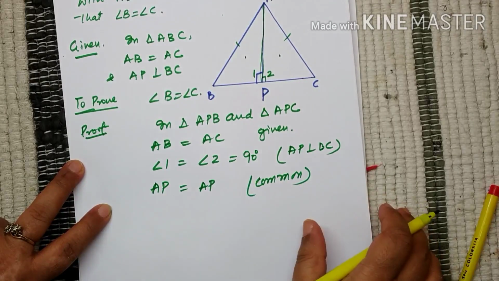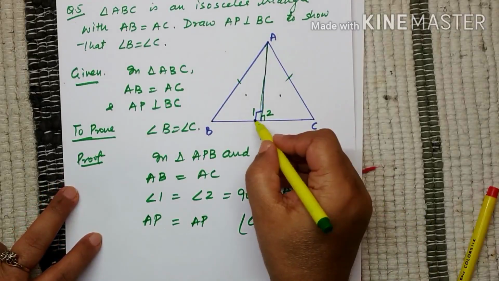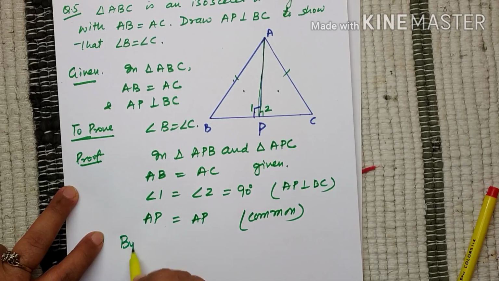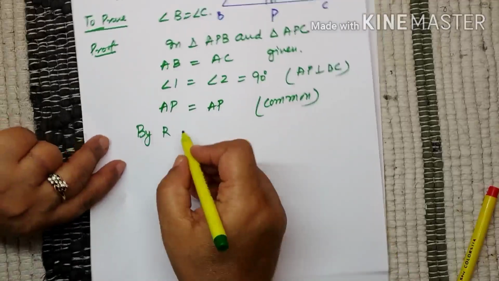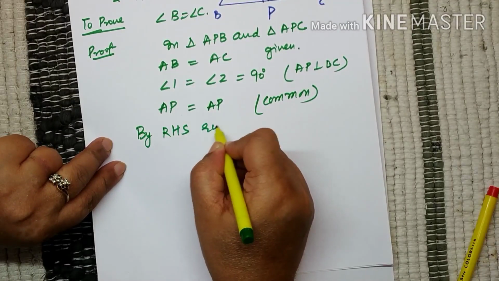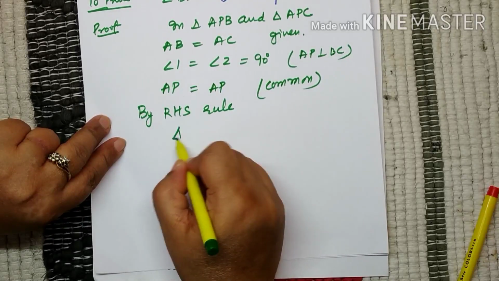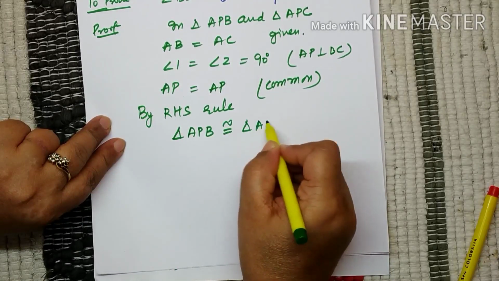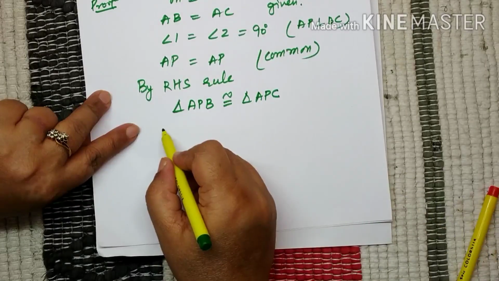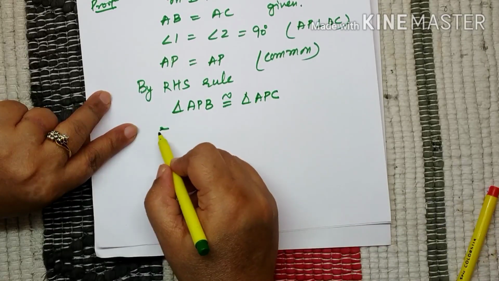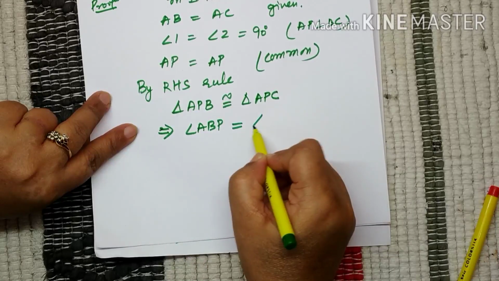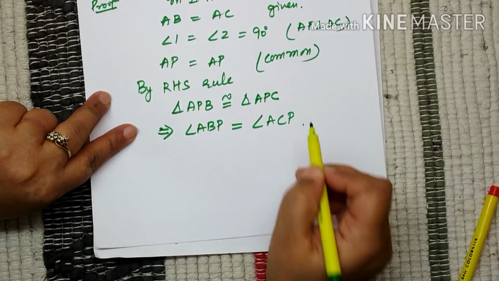Therefore, which rule? Right angle, hypotenuse and the perpendicular side. So by this RHS rule, triangle APB is congruent to triangle APC. This gives me, triangles congruent gives me angle ABP is equal to angle ACP.